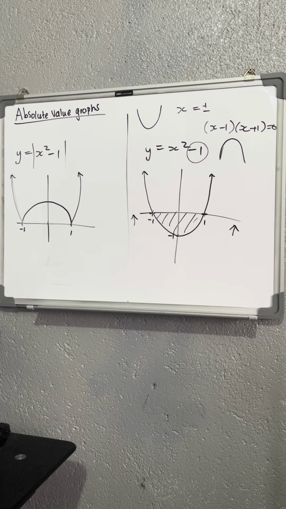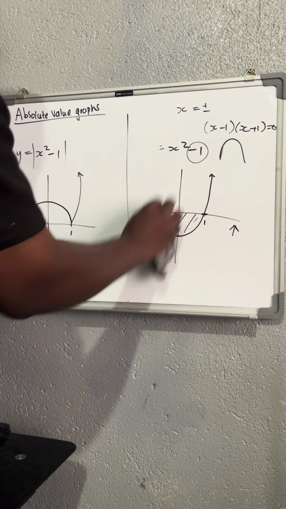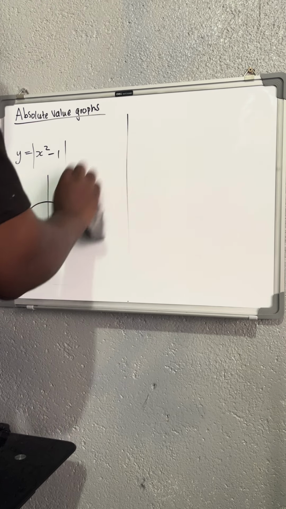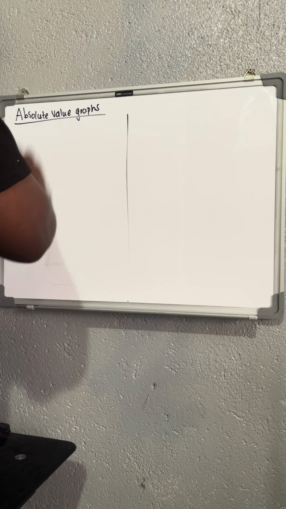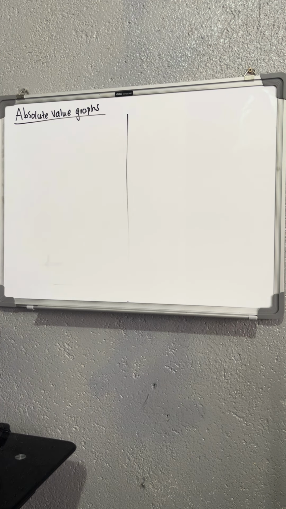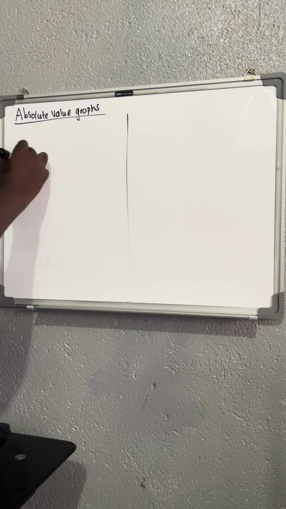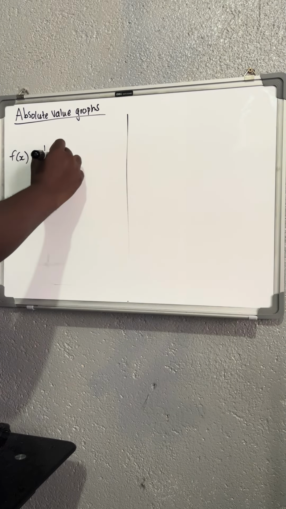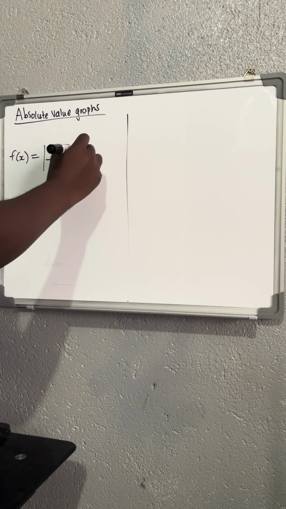Then now we're going to do another example. Okay, so now they give you that you should sketch the graph of f of x equals the absolute value of minus 2x plus 4.